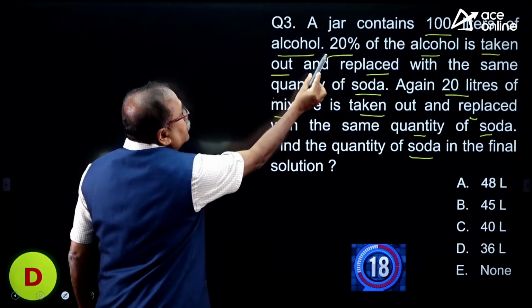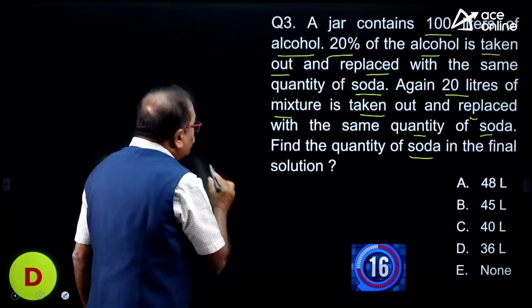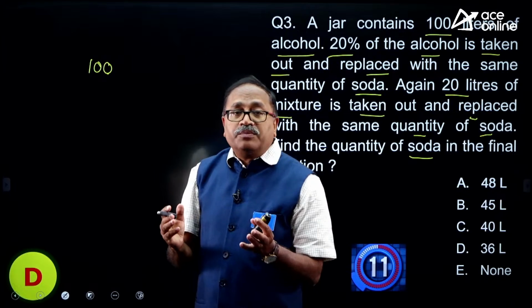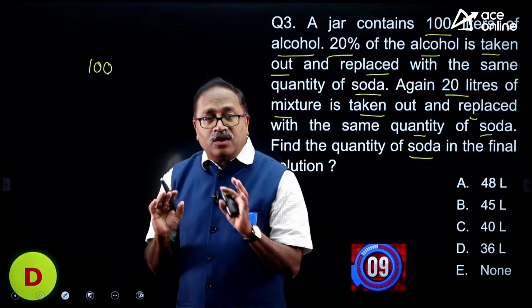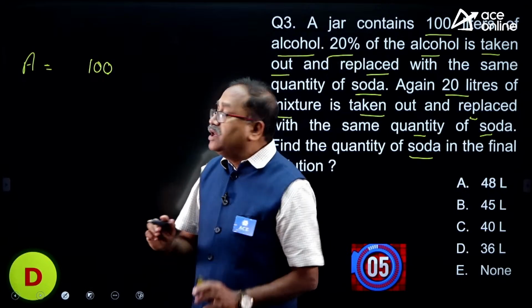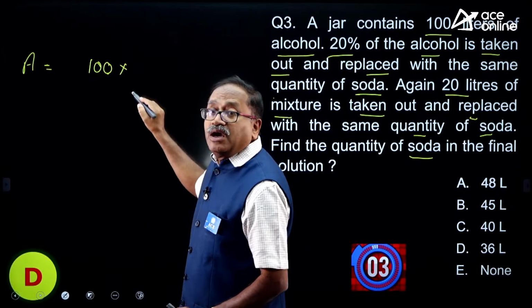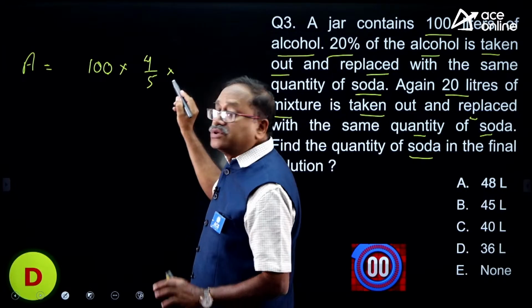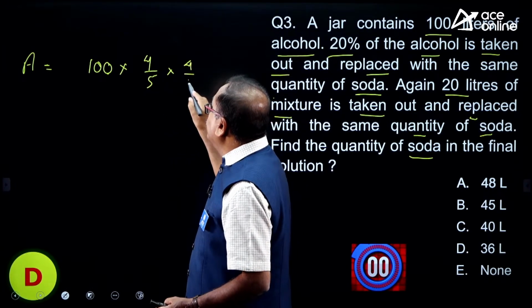Look at this part. 20% you are taking out, so my initial quantity is 100 and you are taking out 20%, that means 80% of alcohol is left. So what is the final quantity of alcohol that will be left? 100 into 80 by 100, that is 4 by 5. And how many times? 2 times. So another 4 by 5.